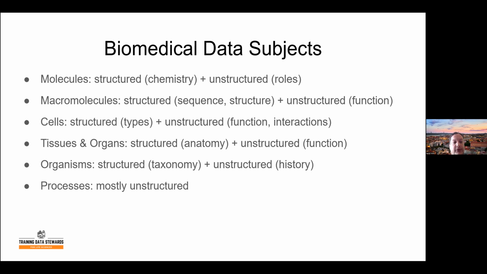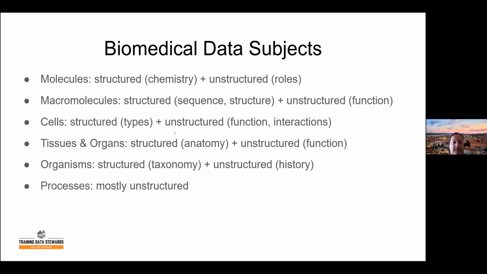The same thing for macromolecules like genes and proteins. We have the ability to structure the sequence or structure information, but when it comes to describing the functions and the processes of the organism in which the genes are involved, then it's much more complex to describe information in a structured manner. For cells, again, the same thing. When we talk about the types of cells, we can structure that information. We can have an easy catalog of cell types.